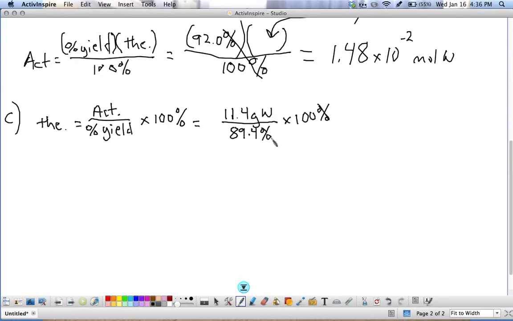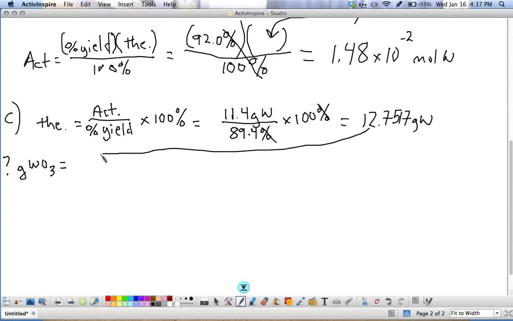Okay, the percents go away, and we're left with 12.7517 grams tungsten. Okay, now we've got to do our dimensional analysis step. So we've got question mark grams tungsten oxide equals this 12.75 grams tungsten.